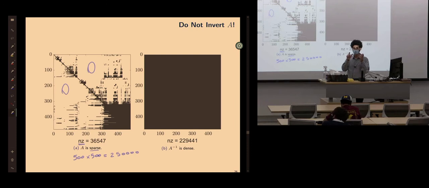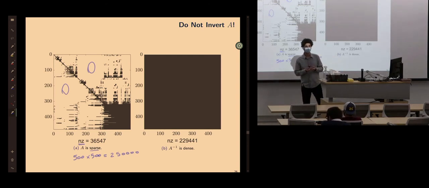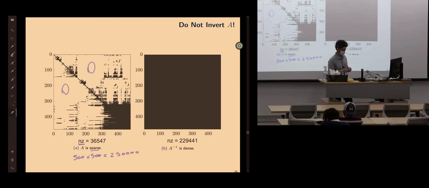So you don't need to store all the addresses for zeros. You just say row 300 and column 400, I have this value, right? If you list all of that, given that most of the values are zero, you can store a very large matrix in memory very efficiently. So it's very important for larger scale problems.